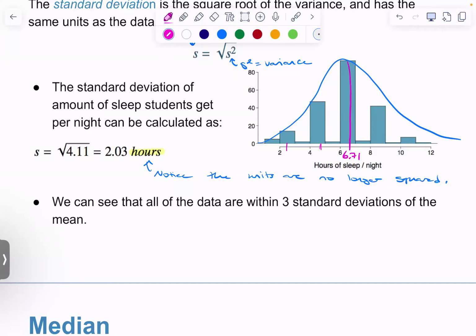Minus another 2, I think there. The standard deviation is 2.03, you can do it properly if you want to. But you can't get negative values, or can you? Let's say here, here, and here. So you can move out usually 3 standard deviations, and then you'll have covered all the data points, typically.